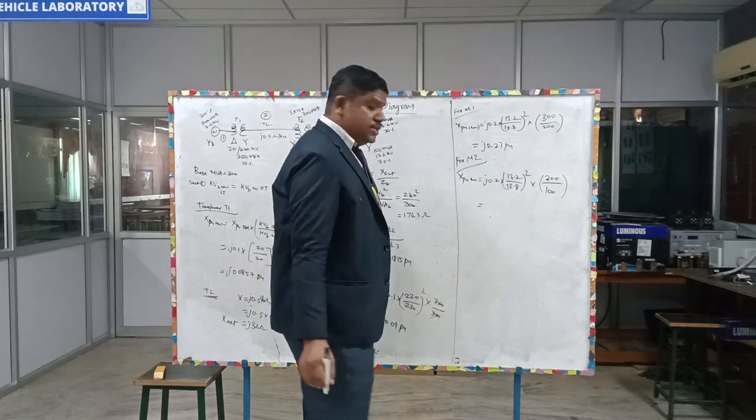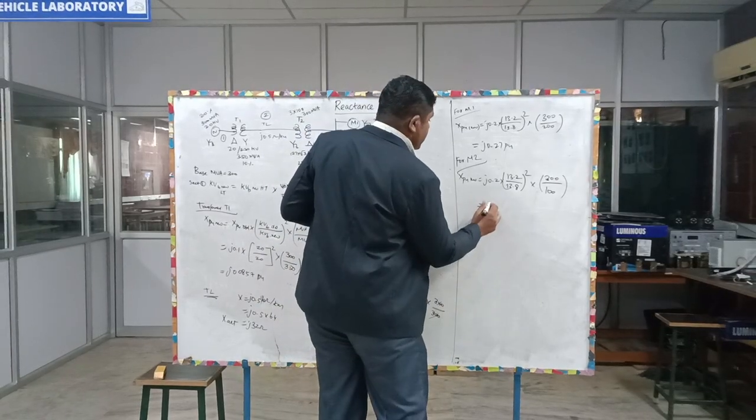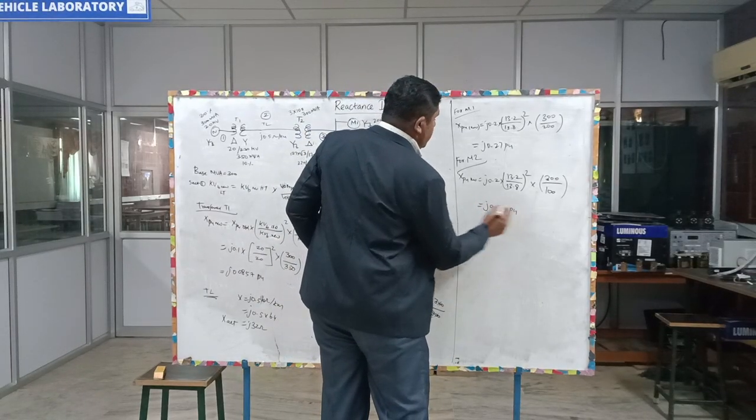If you simplify this, you will get J0.54 per unit.